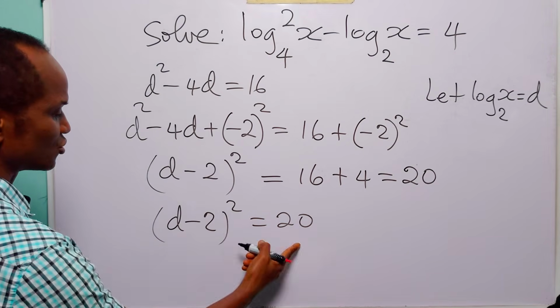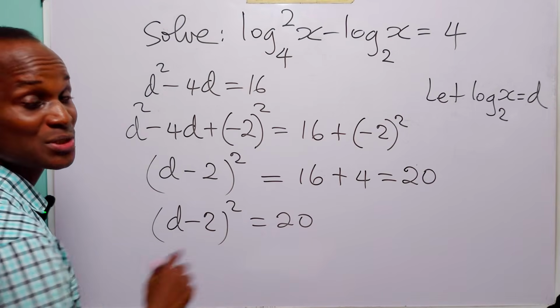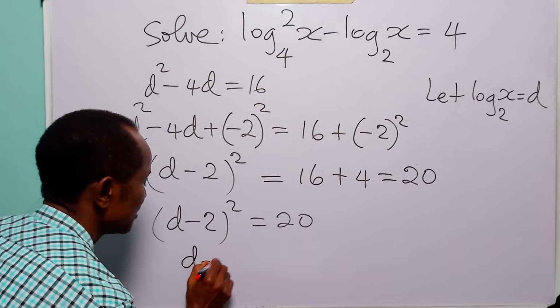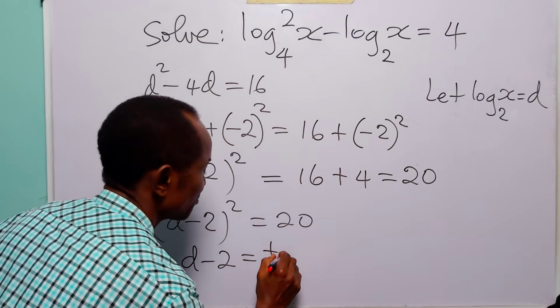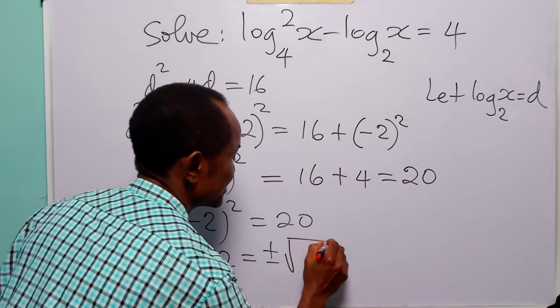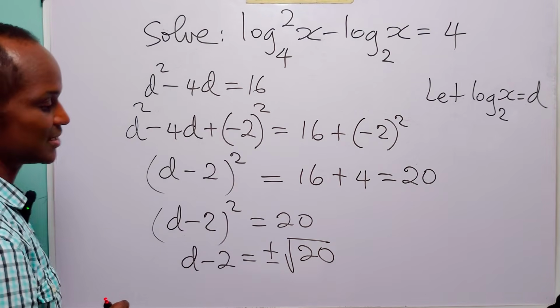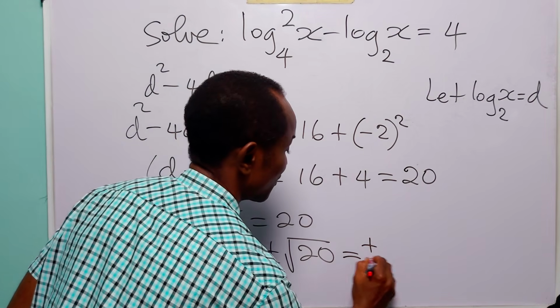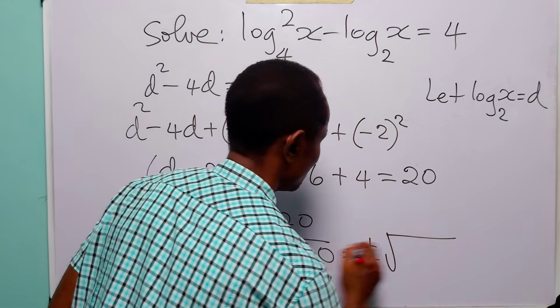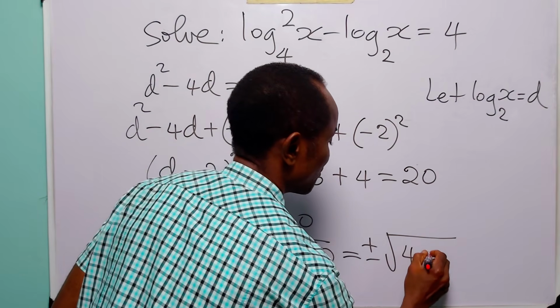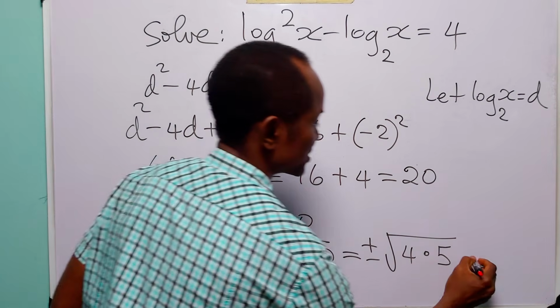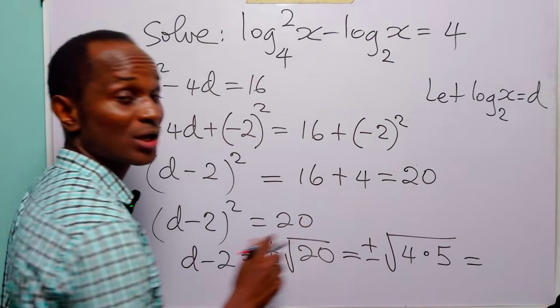Now, the next thing we are going to do is take the square root of both sides of this equation. When we do that, we have that d minus 2 is equal to plus or minus the square root of 20. And of course, this is equal to plus or minus the square root of 4 multiplied by 5. And we know that the square root of 4 is 2.